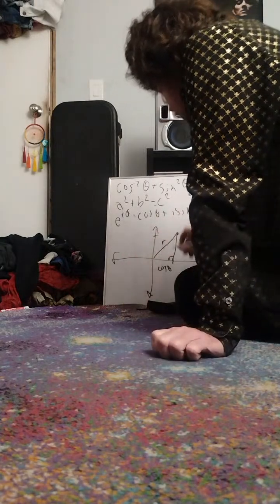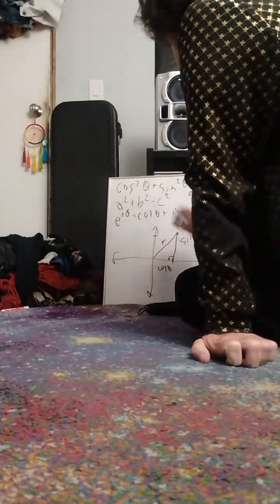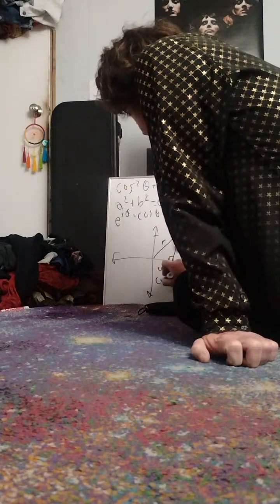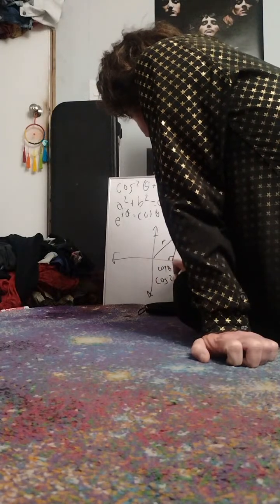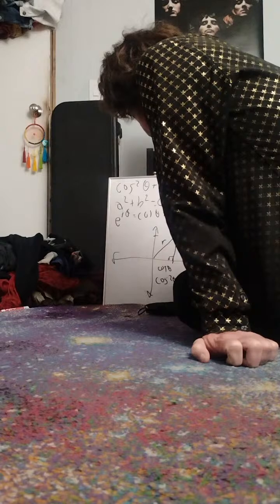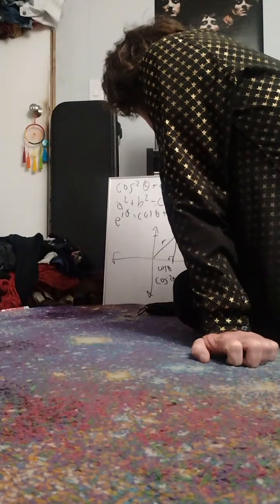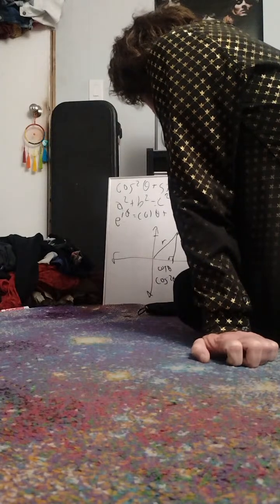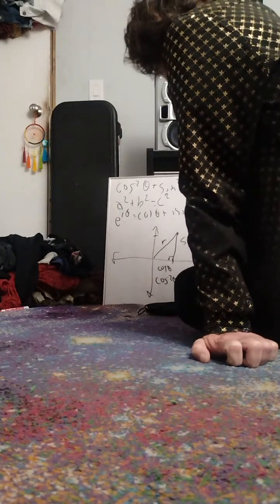By the Pythagorean theorem, cosine squared theta plus sine squared theta equals r squared. Whatever r turns out to be.